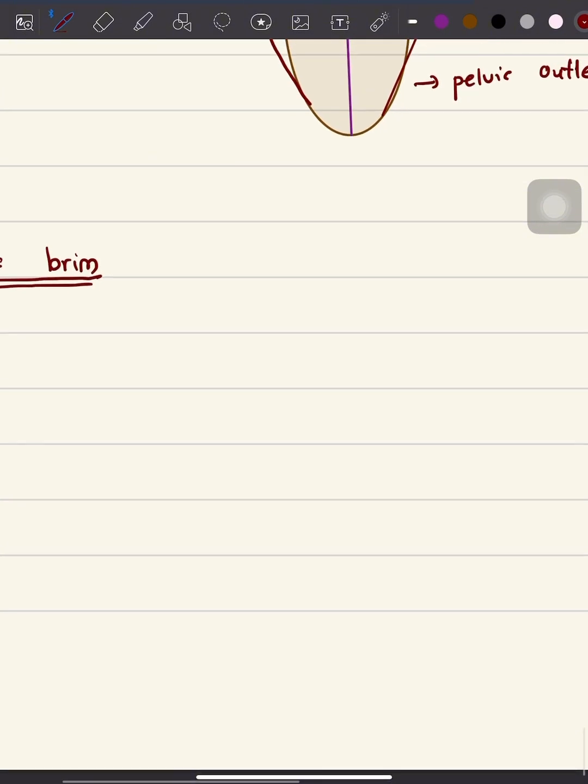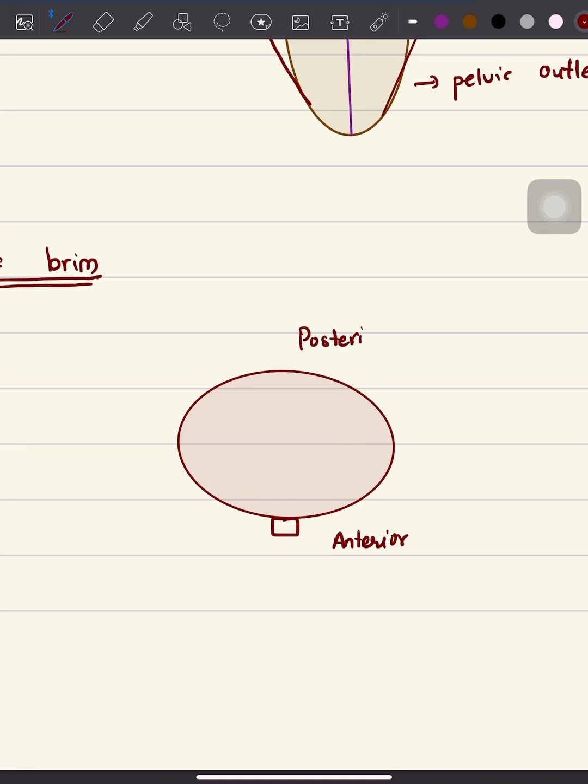Let's just make a structure. There would be 9 points present over here which are of importance. This is the anterior region, and this is the posterior region. Anteriorly there would be the pubic symphysis.